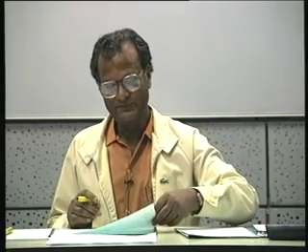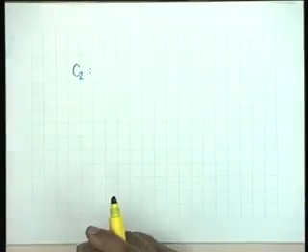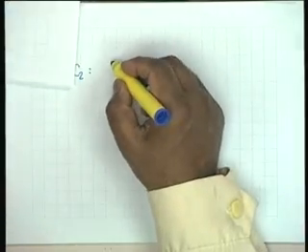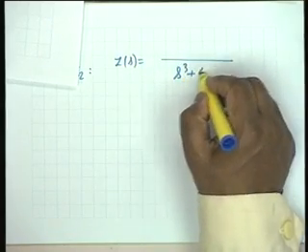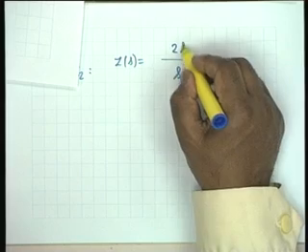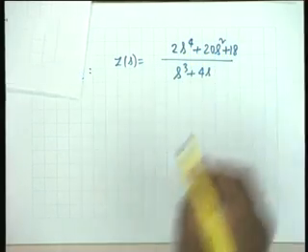Now let us go to Cauer 2. Now in Cauer 2, our function is Z of s equals s cubed plus 4s over 2s to the 4 plus 20s squared plus 18.